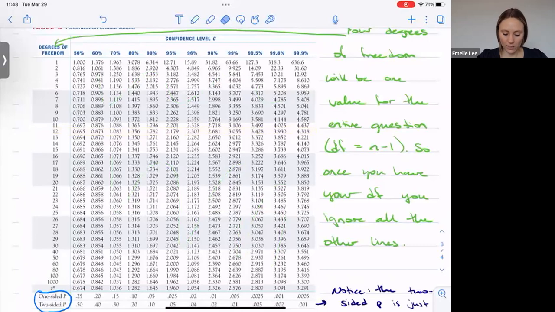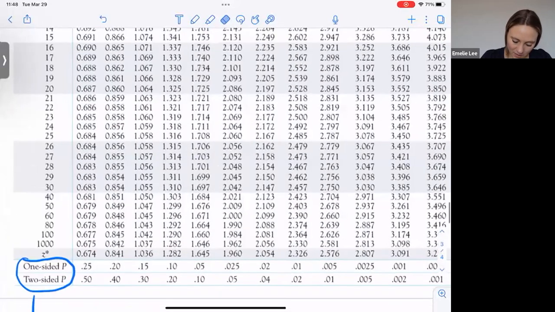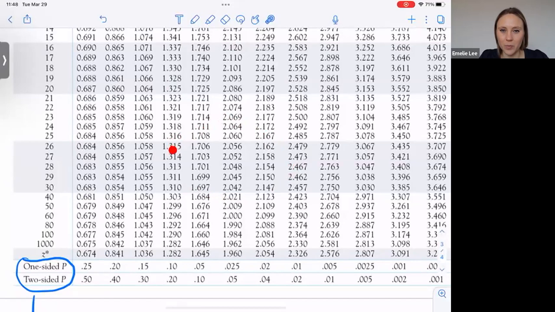What I want you to see too is notice how these values are not probabilities anymore. The probabilities are down here. These are critical values, technically, and these are just cutoffs. These are t's at each point.